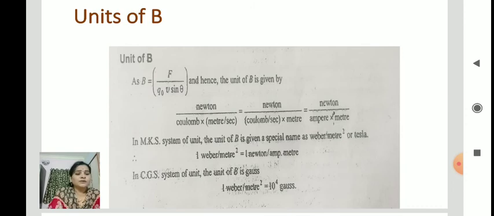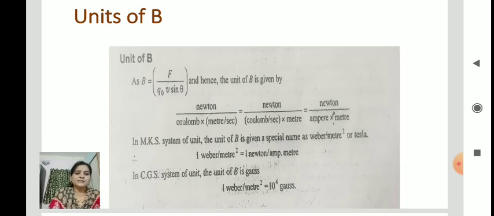Here we can also see that force has the unit Newton, and ampere meter is the unit of pole strength, therefore this is F by M. Just now we defined magnetic induction as the force experienced by a north pole of unit pole strength. So from that also I can write Newton per ampere meter as force per unit pole strength.